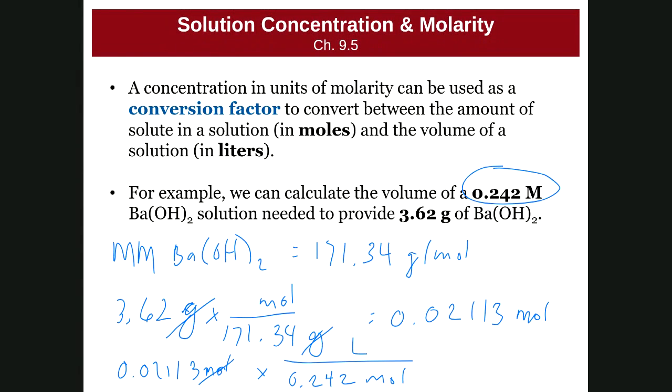So we cancel out our moles, and we're going to end up with 27.3 milliliters, or 0.0873 liters. All right. So now we just converted between grams and liters using both our molar mass and our concentration.